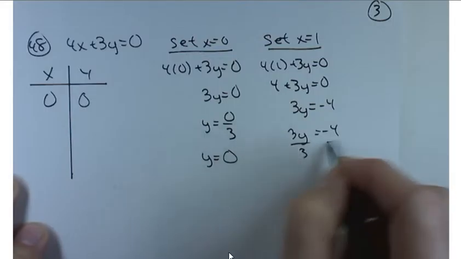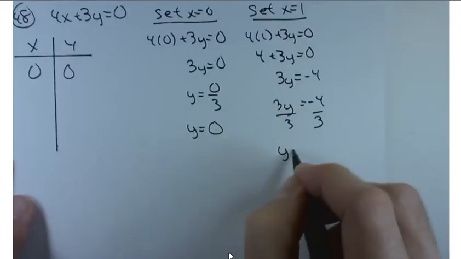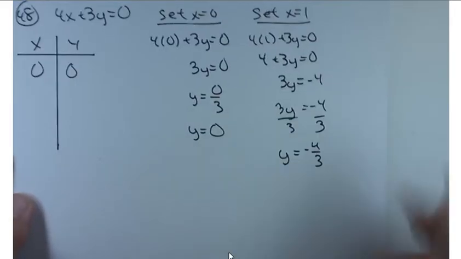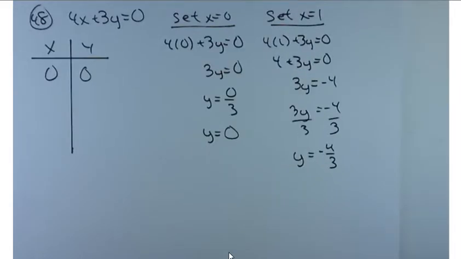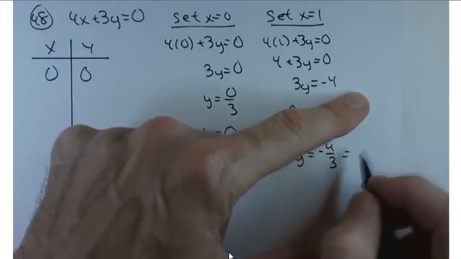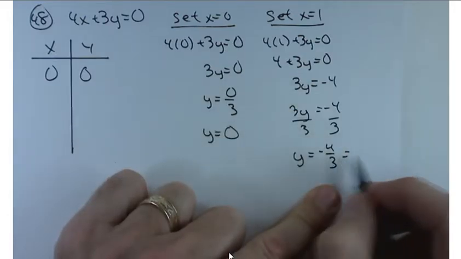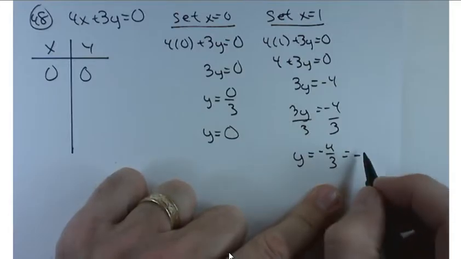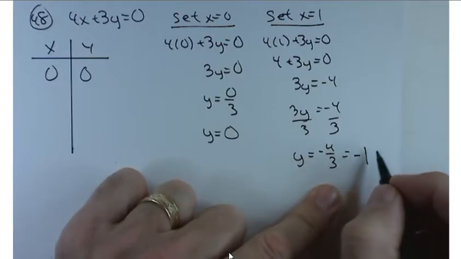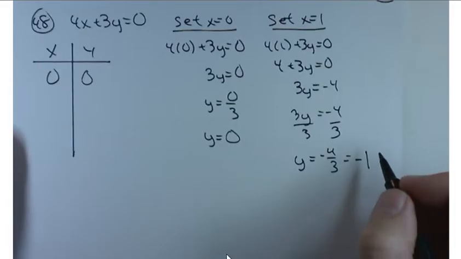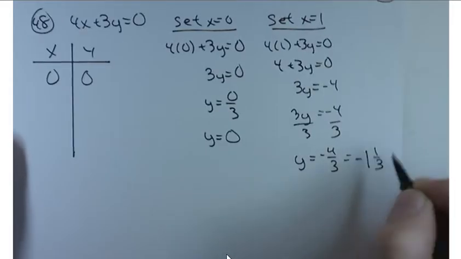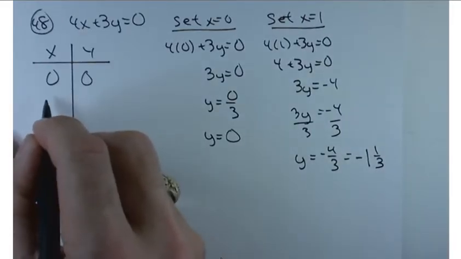So we get y equals negative 4/3. It might be easier if instead of graphing negative 4/3, we turn this into a mixed number. How could I write that as a mixed number? Negative 1 and what? 1/3. So 1 for x, negative 1 and 1/3 for y.